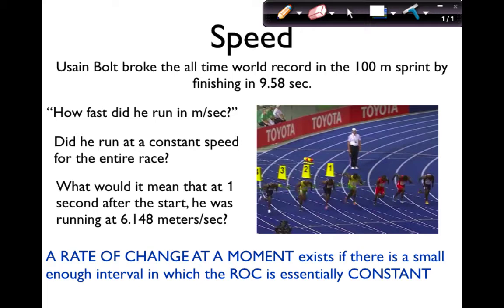That was a pretty small part of the race. But we can talk about that rate of change at a moment. In this example, it was speed at a moment, how fast he was running at a moment.